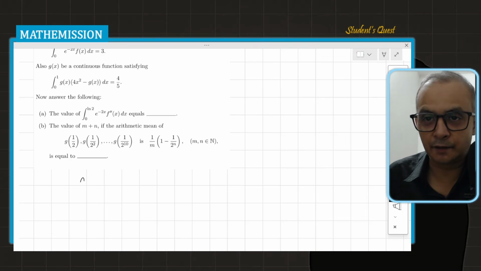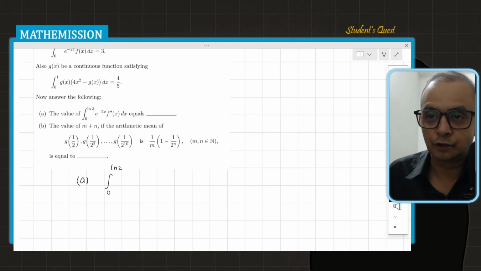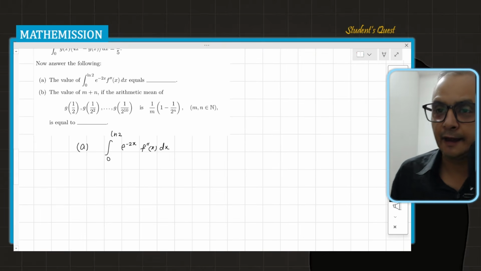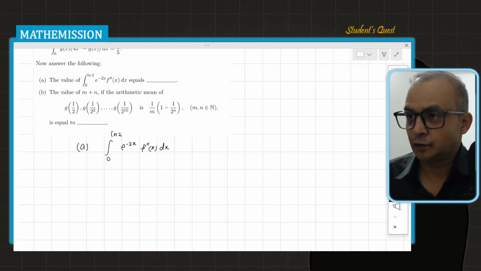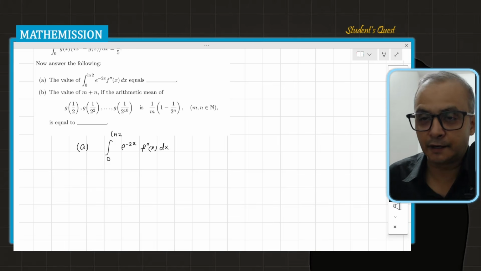I have this part A, and I have to evaluate the integral from 0 to ln 2 of e^(-2x) f''(x) dx. Can I actually find it out?